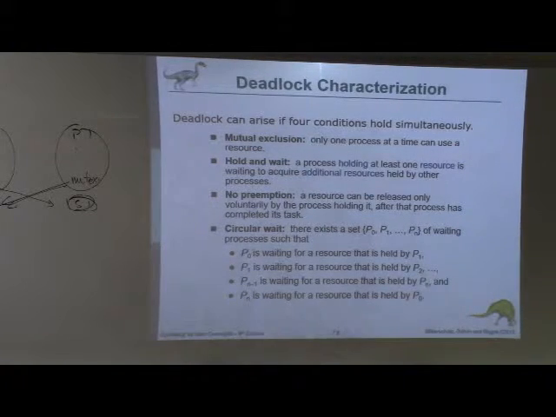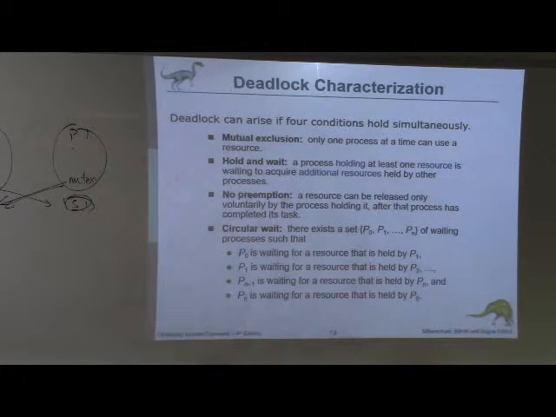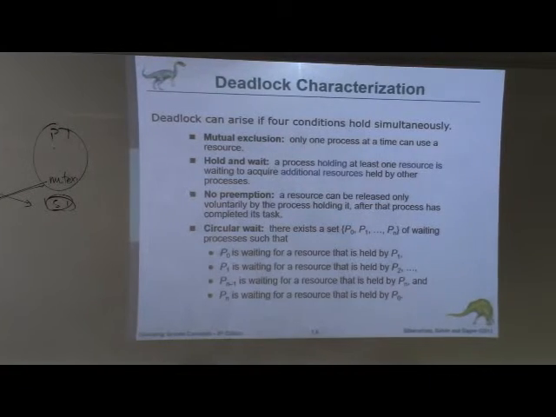Okay. The third one is no preemption. Preemption means what? It is the kind we discussed in CPU scheduling. There are two types of CPU scheduler, preemptive and non-preemptive. What is the characteristic of the non-preemptive?